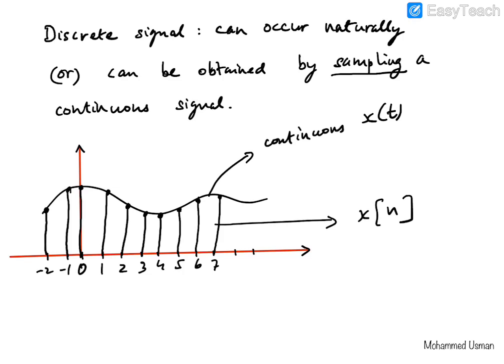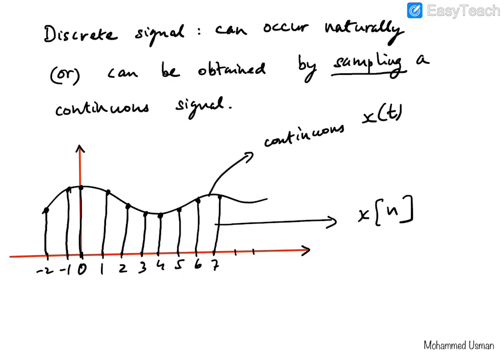But what I want you to understand here is that the discrete signal can occur naturally from its measurements itself, or we can have a continuous signal which we can sample and convert to a discrete signal. The reason we would do that is because with a lot of processors in the present day, it becomes much more convenient and more powerful to process the signal when it is discrete in time rather than continuous in time. So that's why we would convert the continuous signal to a discrete signal.